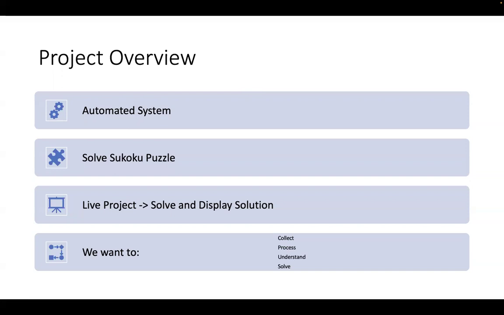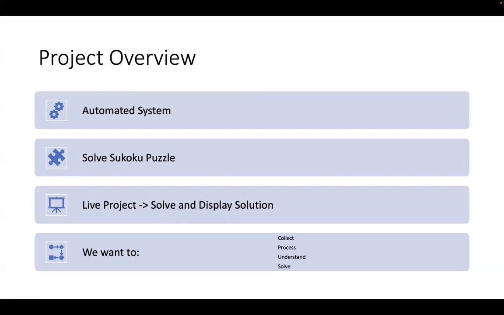And I think the most interesting part of this kind of a project was to create a live project where I can actually show this to you, where I would use camera footage, which is being fed live to the software pipeline, and then solve and display the solution right there and then.